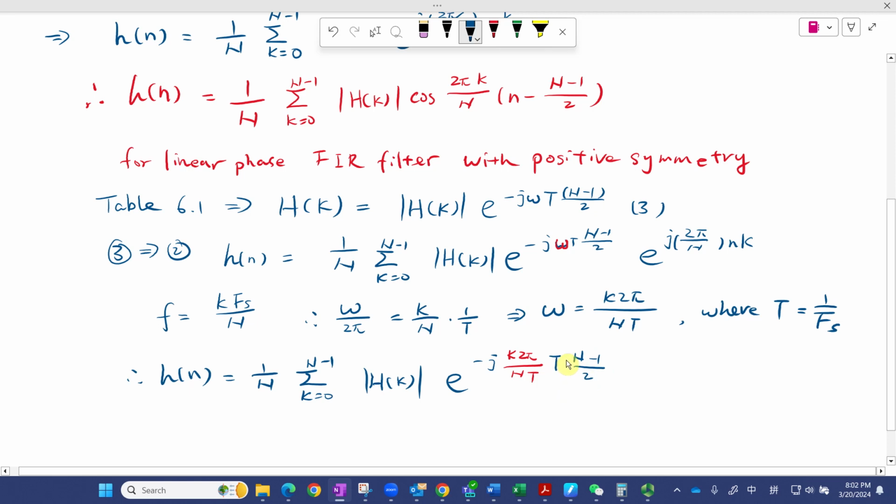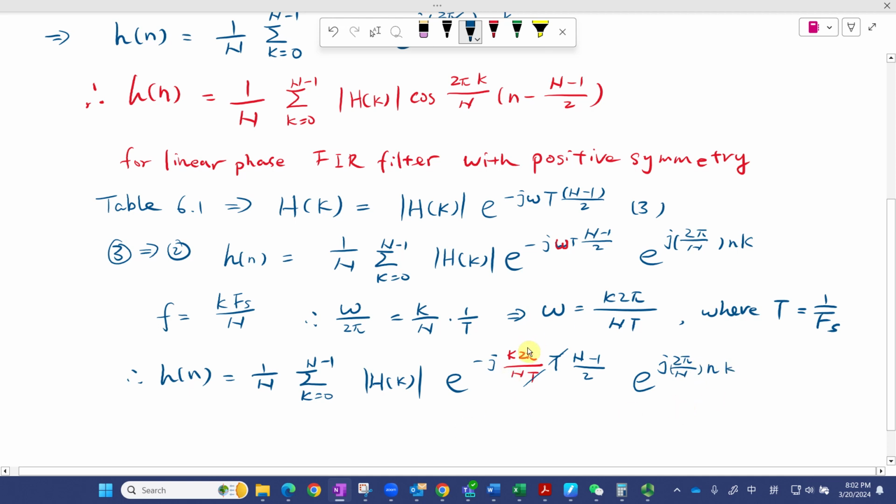We can make some changes here. This T is going to be cancelled, and we multiply with e to the power of j 2 pi over N, multiplied by lowercase n and k.